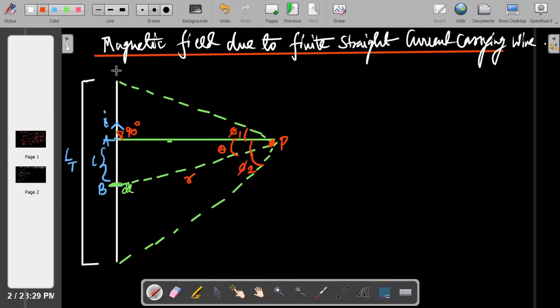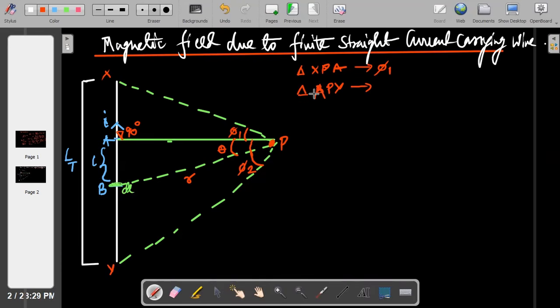Let's say these 2 points are X and Y. That will be good. Now, look at this triangle, triangle X, P, and A. Right? The angle it is coming is phi1. Now, consider the triangle B, P, and Y. Right?